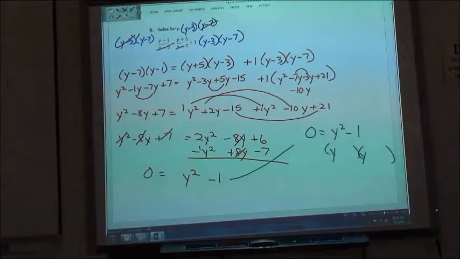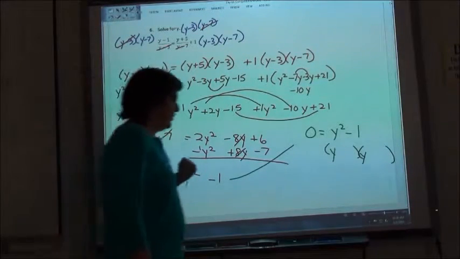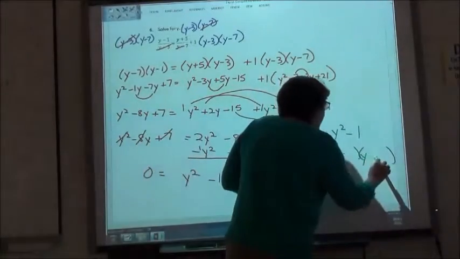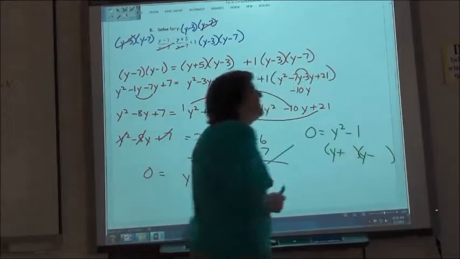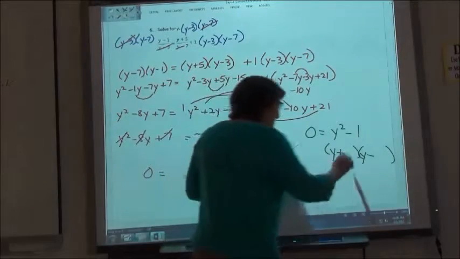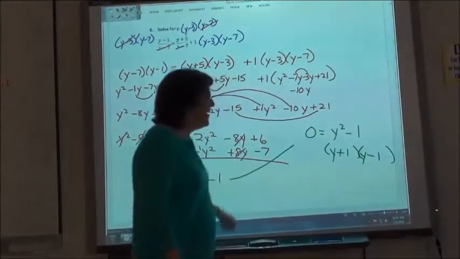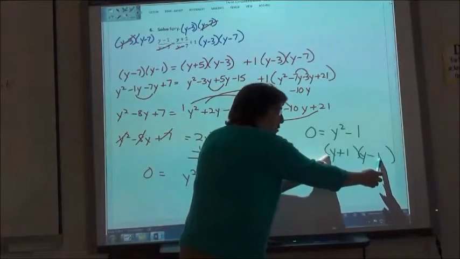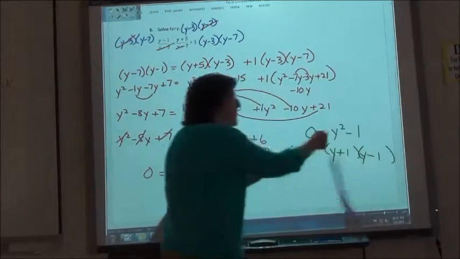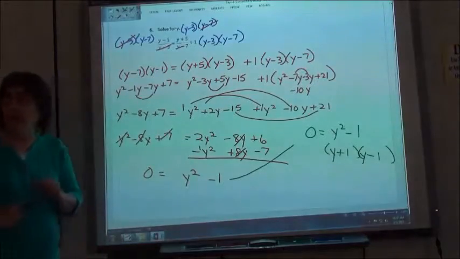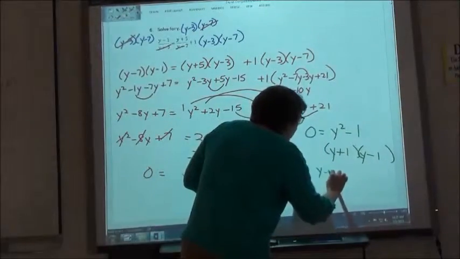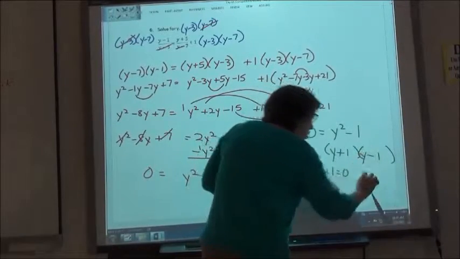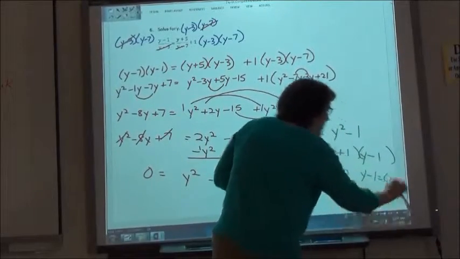My signs are positive and negative, and factors of 1: 1 and 1. 1 times 1 is 1. So I have a negative 1y and a positive 1y, and that gives me the 0y in the middle. That's that difference of squares we had. So y plus 1 equals 0, or y minus 1 equals 0.